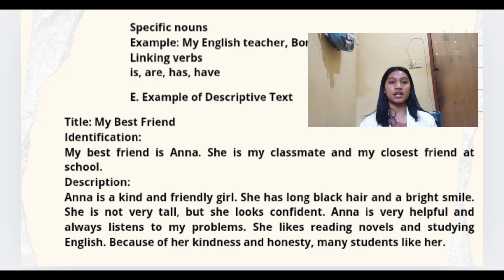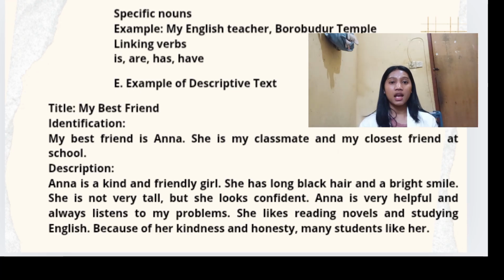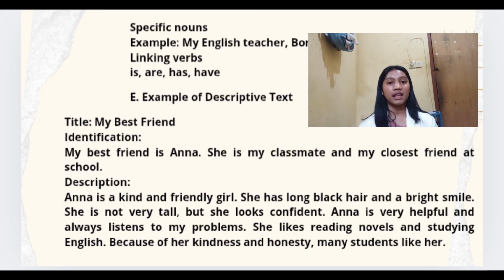Let's move to an example of descriptive text. The example has the title My Best Friend. Identification: my best friend is Anna. She is my classmate and my closest friend at school. The description: Anna is a kind and friendly girl. She has long black hair and a bright smile.